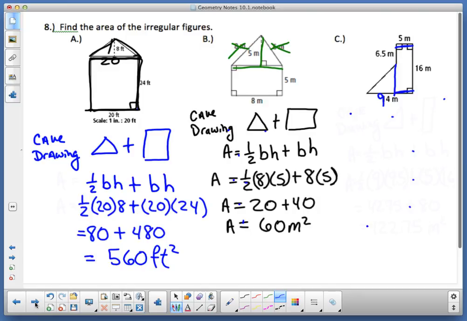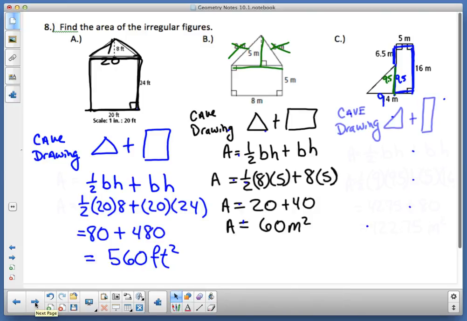Okay, this is 16. This is 6.5. Well, that makes this 9.5, and I should probably say this 9.5 inside that triangle. So I've got a triangle that has this and this with that rectangle.